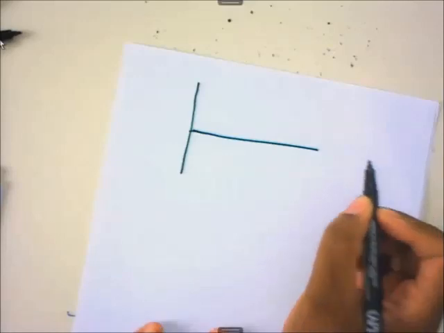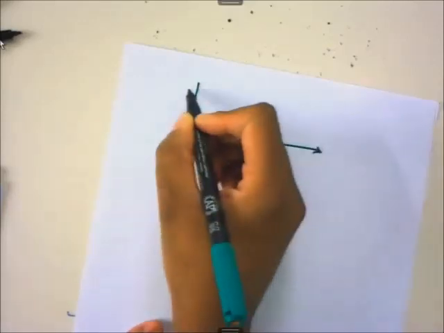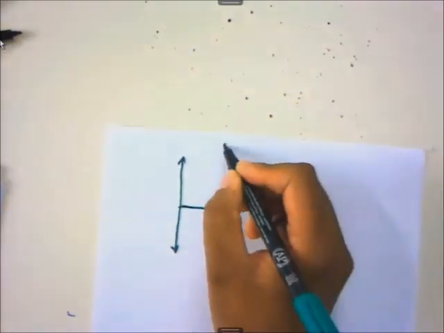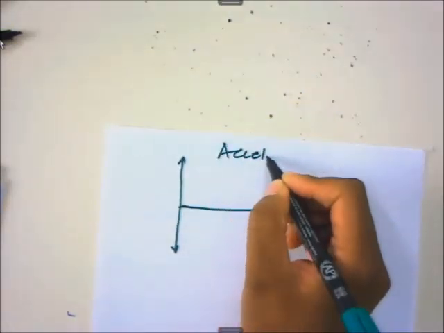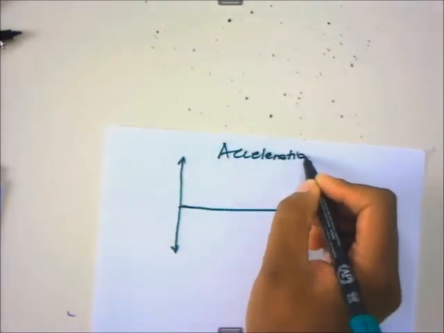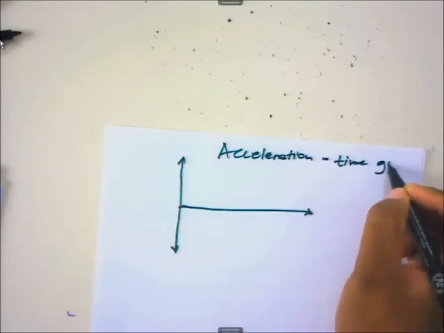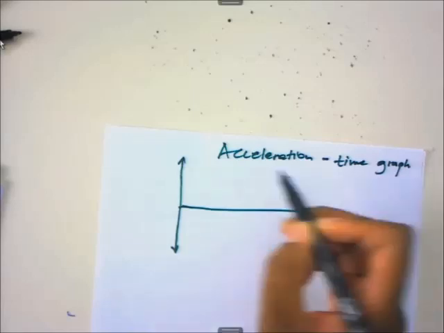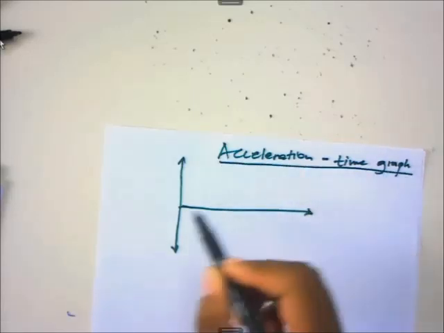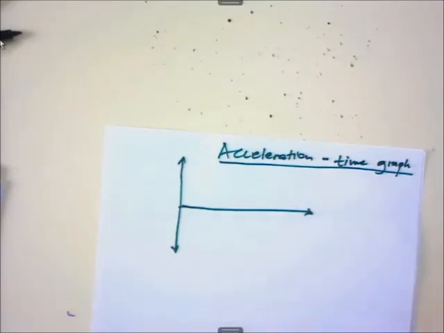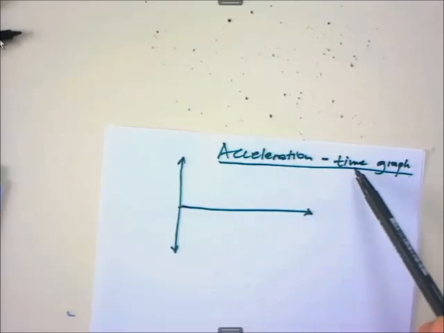Your axis, you must have your axis. So it is acceleration time graph. So drawing the acceleration time graph, you must also indicate the variables, the independent variable and the dependent variable, and you should write them on the axis. And also you must write the heading, because sometimes you get a mark for just writing acceleration time graph.